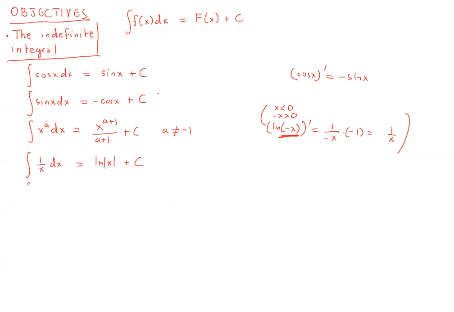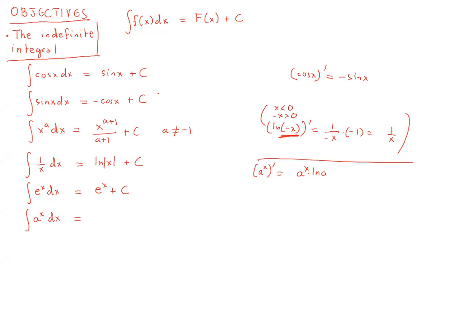Then we have the antiderivative for e to the x is going to be e to the x plus c. And how about if we have a to the x? If we have a to the x, then we're making pretty much the same kind of remark. So if we take the derivative of a to the x, we find almost what we want times an unwanted ln of a, which is a constant.